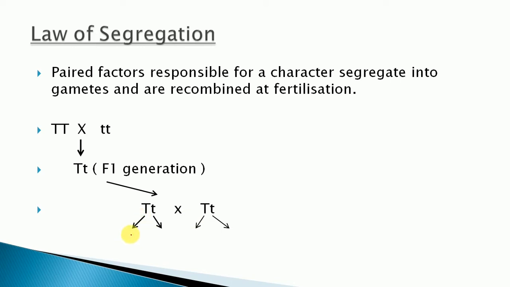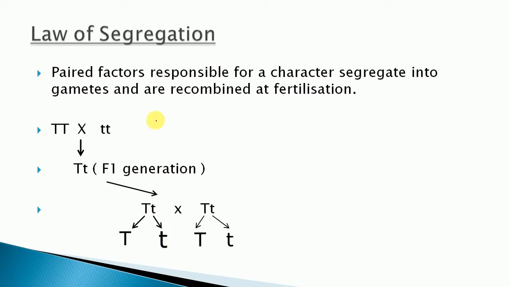From this particular character, which is capital T and small t, the gametes will contain capital T or small t, and from the other parent also capital T or small t. So these are separated from a particular gene. This separation of alleles will recombine during fertilization. This is called the law of segregation.